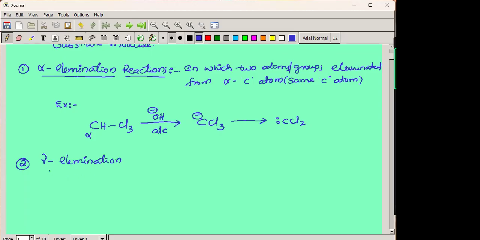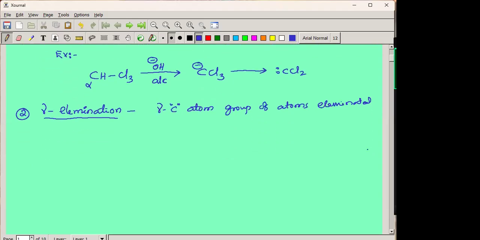In gamma elimination reactions, the elimination takes place from the gamma carbon atom. Atoms or groups of atoms will be eliminated from the gamma carbon atom.